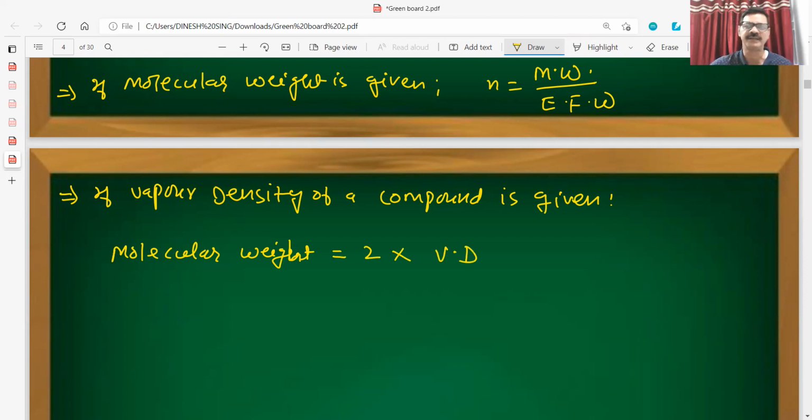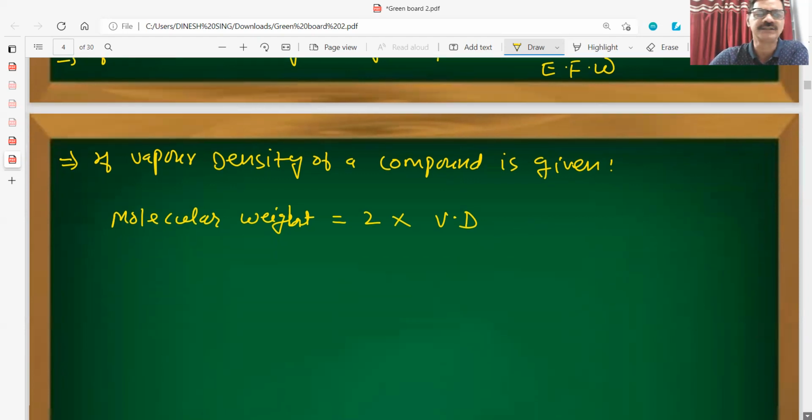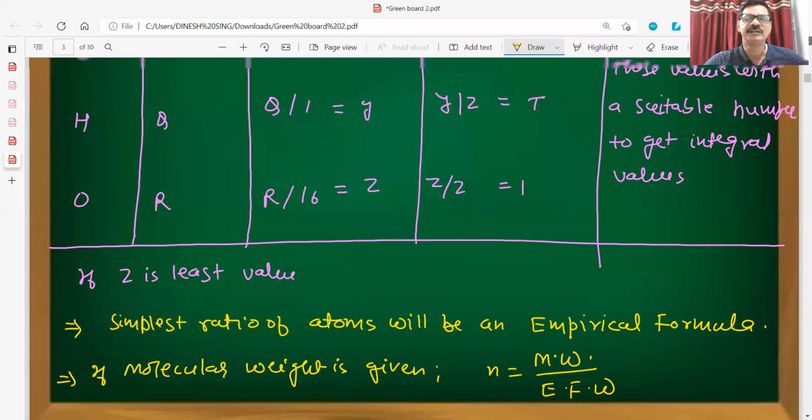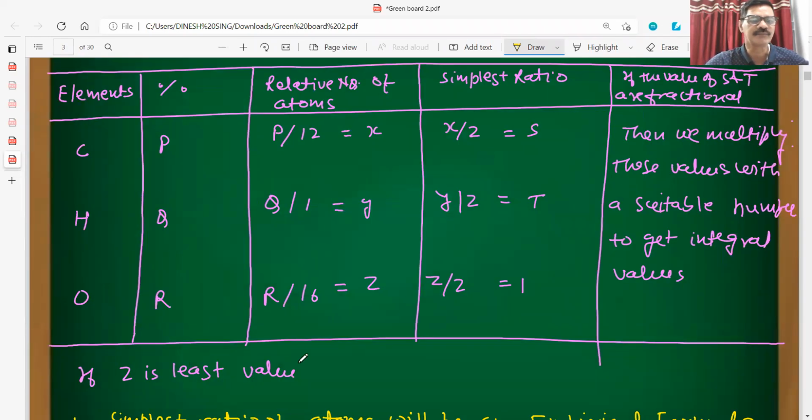Vapor density is applicable only for gaseous organic compounds or any other compound, because this is the relative density, that is, the density of a gaseous compound divided by the density of hydrogen gas. It must be in the gaseous state, then we can directly apply this formula. So by this table we will determine the simplest ratio, that is, the empirical formula.